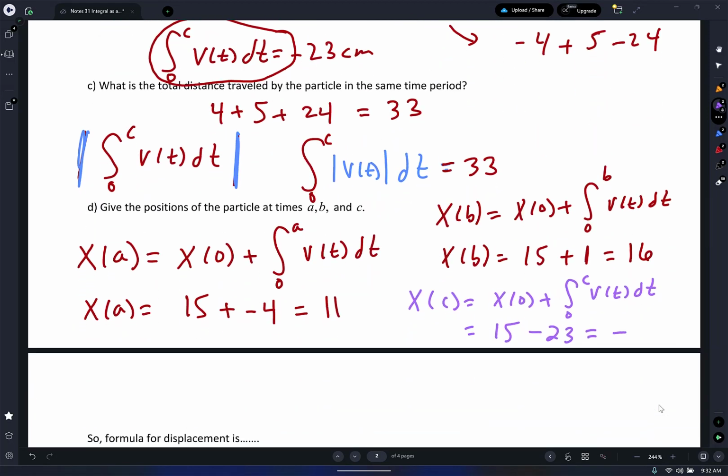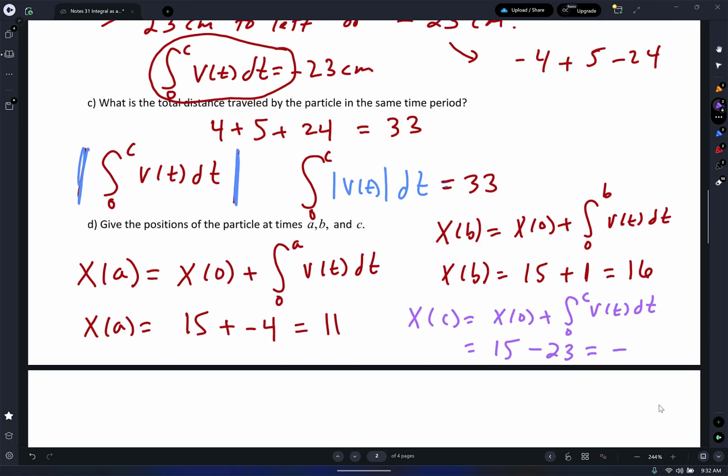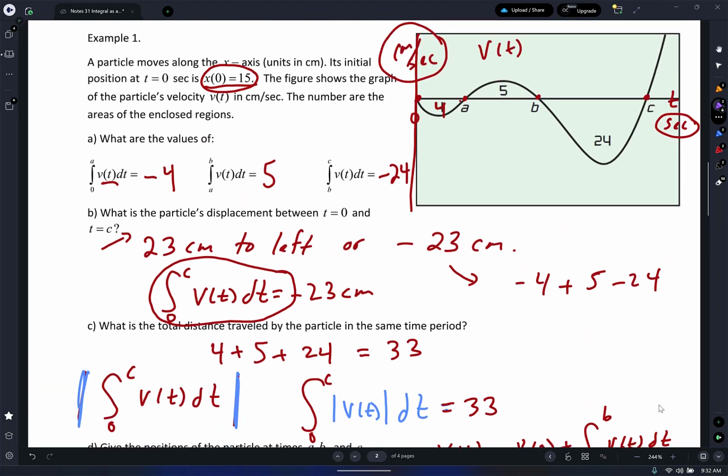Negative something, what? No, it's negative 7, no? Aren't you at position 16 at B? At B, I'm at 16, so I subtract 24.